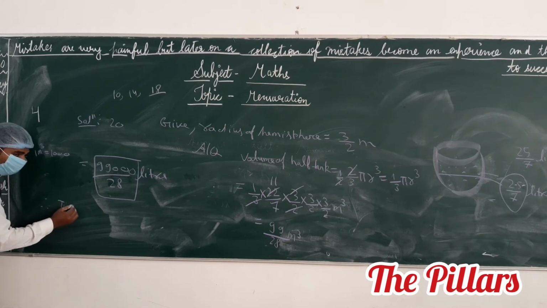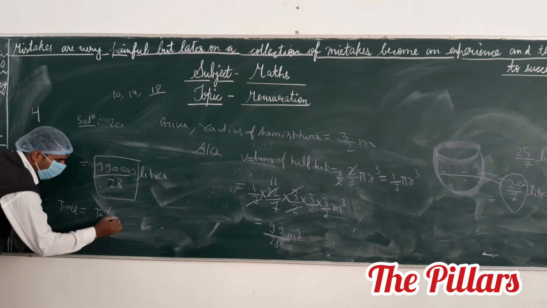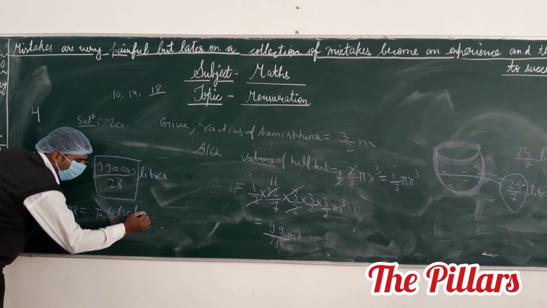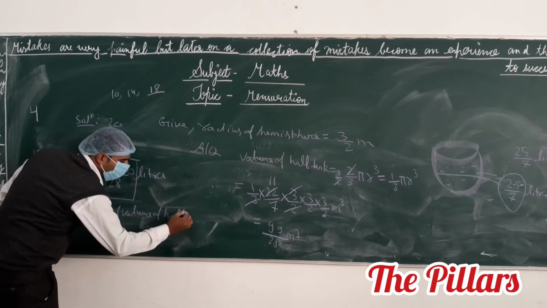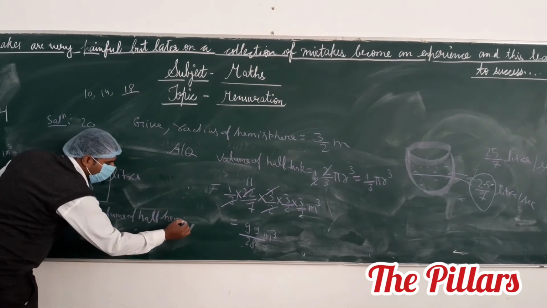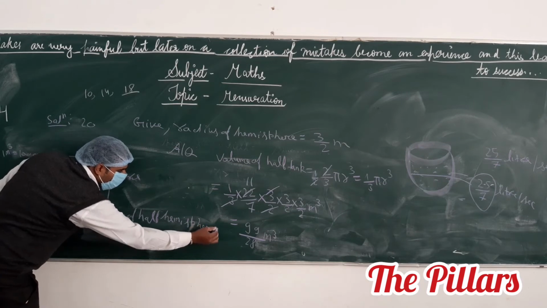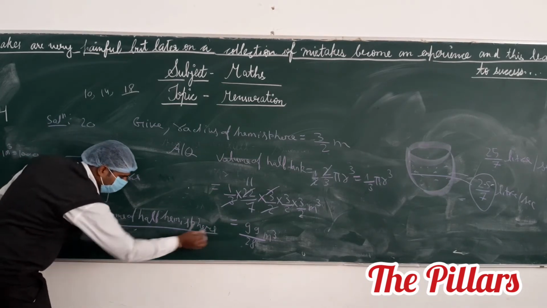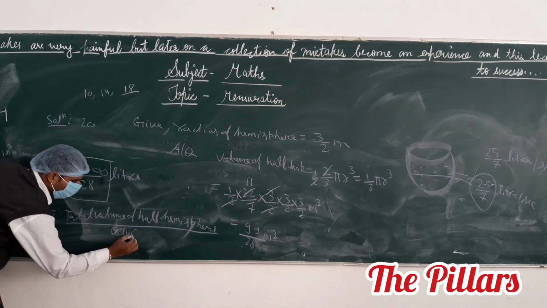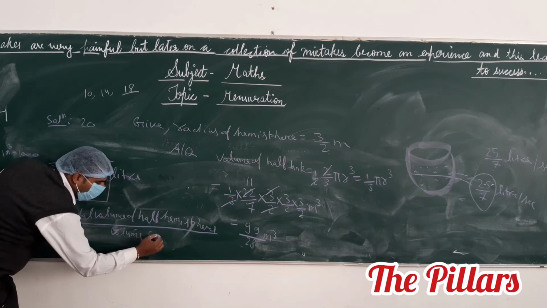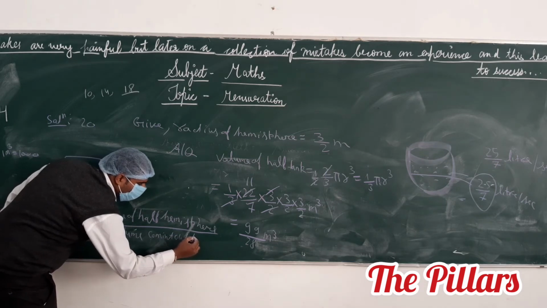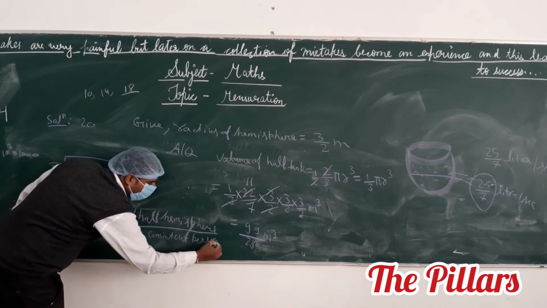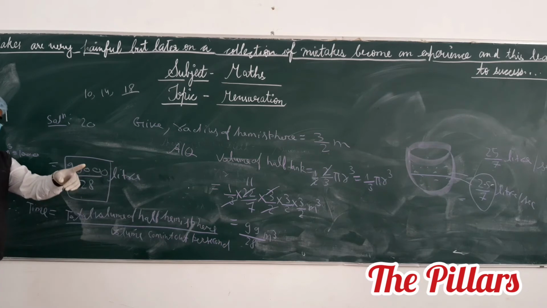Therefore time equals total volume of half hemisphere divided by volume coming out per second. Then you will find the time in seconds.